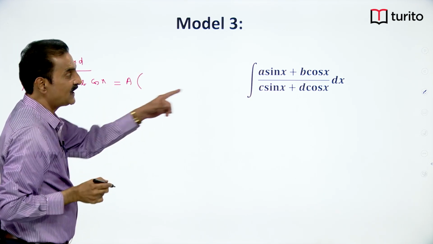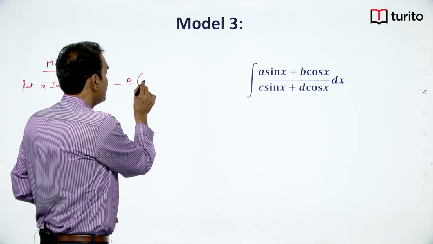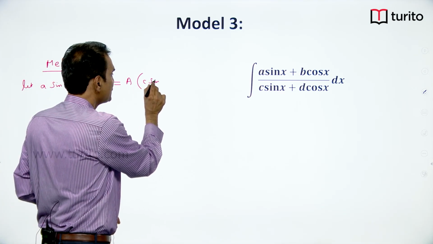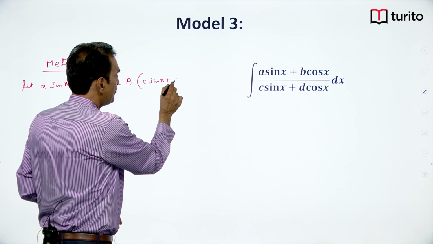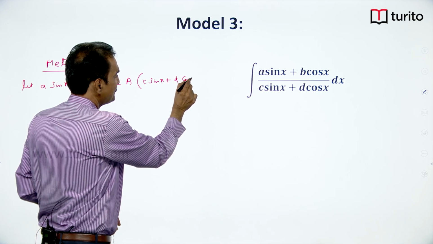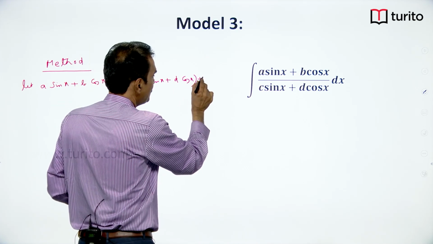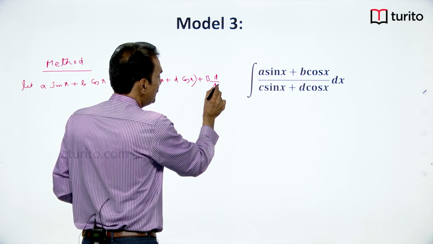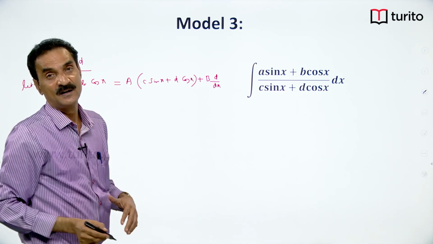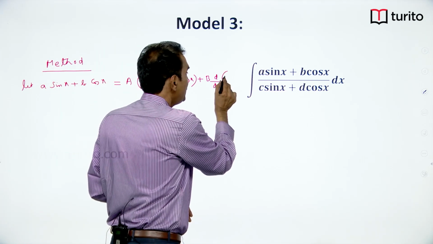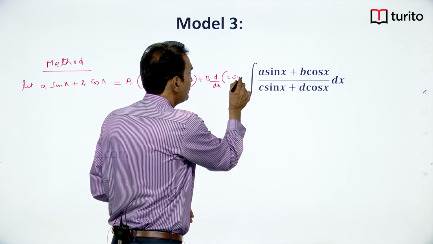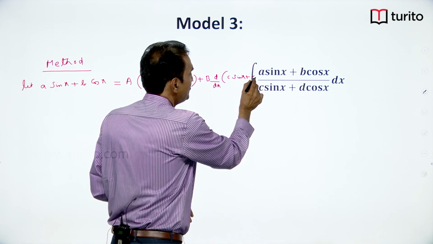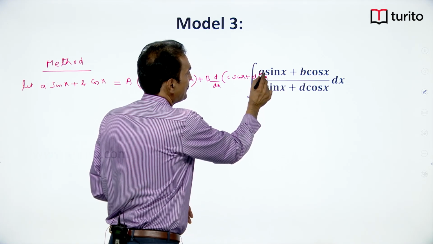A into denominator, c sin x plus d cos x, plus some constant B into d by dx of denominator, d by dx of c sin x plus d cos x.